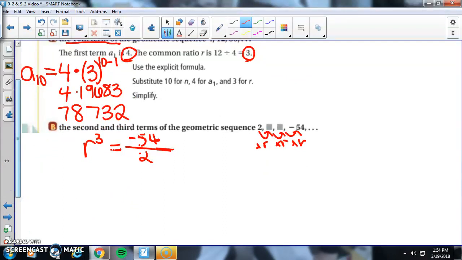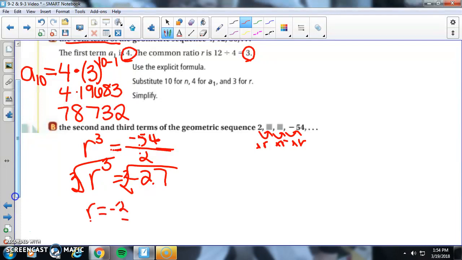Negative 54 divided by 2 is negative 27. In order to get r, I would cube root both sides, and r is equal to negative 3. So 2 times negative 3 would be negative 6. Negative 6 times negative 3 is 18. 18 times negative 3 is negative 54.